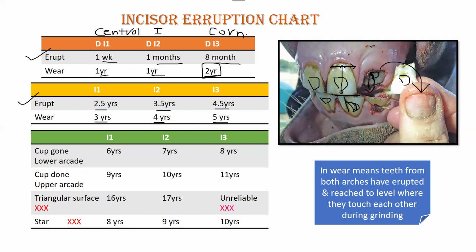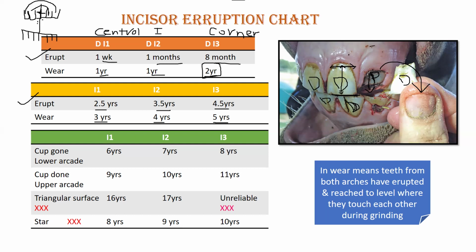So don't get confused by these terms, because there are 6 teeth like this: 1, 2, 3, 4, 5, 6. That's the upper dental arcade, and the lower dental arcade has the same 6 teeth like this. So these two are central incisors, these two are intermediate incisors, and these two are corner incisors.